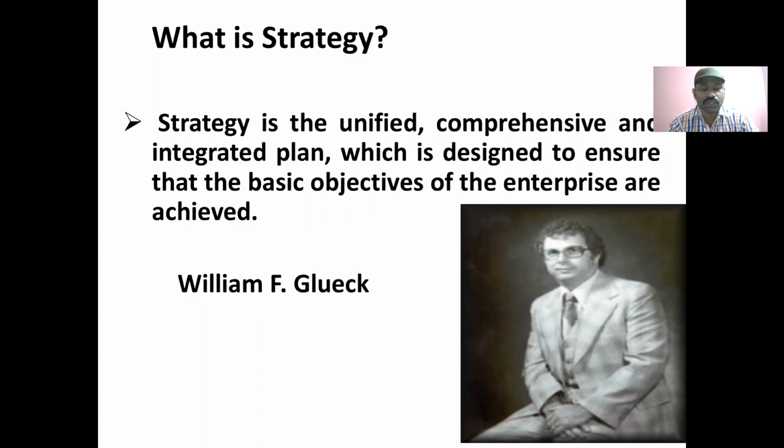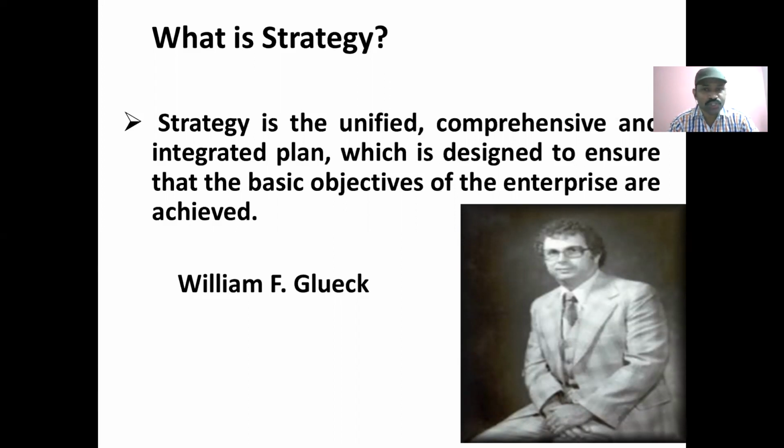According to William F. Gluck, strategy is basically a plan. It's not simply a plan, and this plan possesses three major attributes. He said strategy is a unified, comprehensive, and integrated plan which is designed by an organization to achieve its long-term goals and objectives. What do you mean by unified?